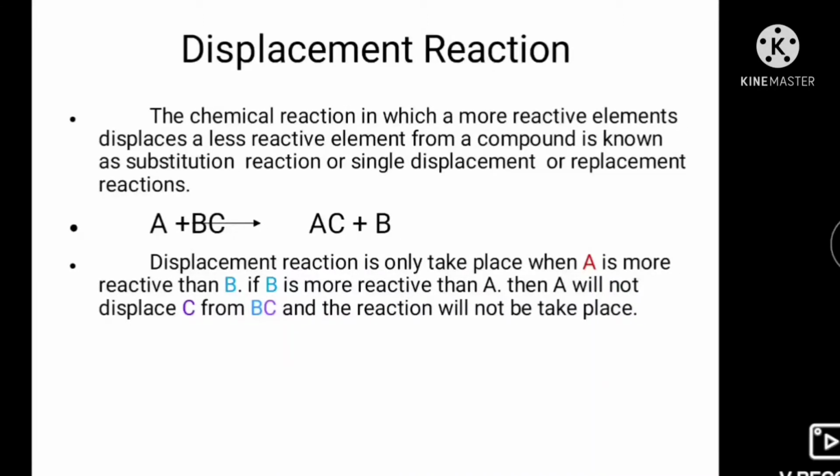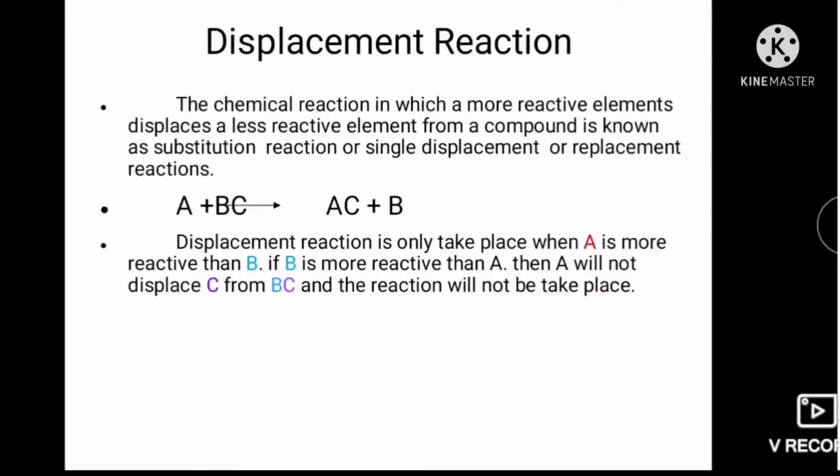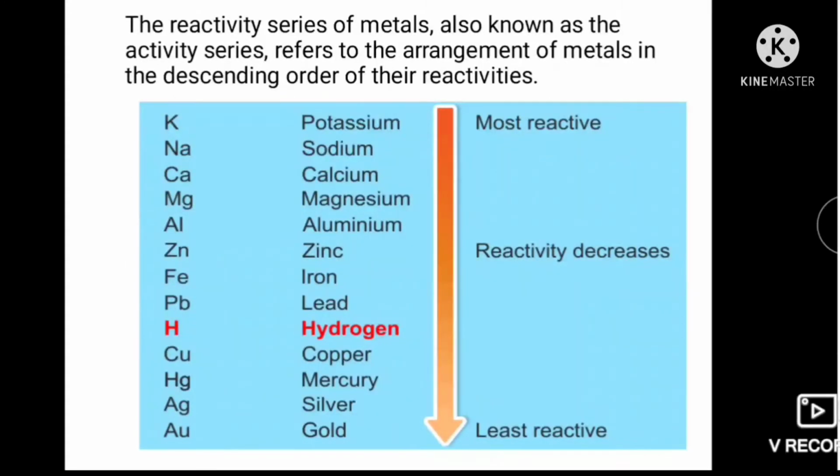From your lower class, you had learned that different metals possess different reactivity. Some metals are highly reactive, whereas some others are less reactive. Based on the study of their reactions, the metals have been arranged in the order of their reactivity. That is the reactivity series.